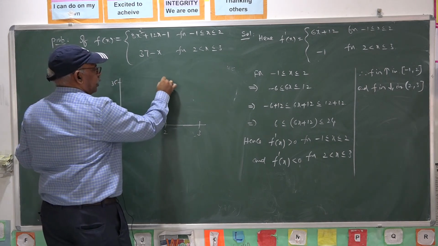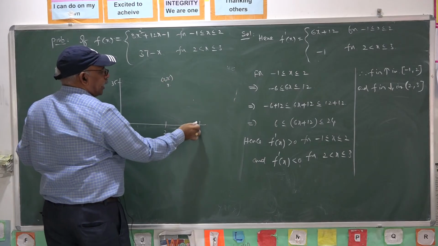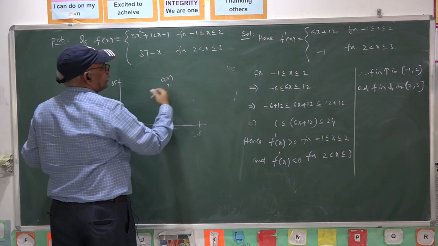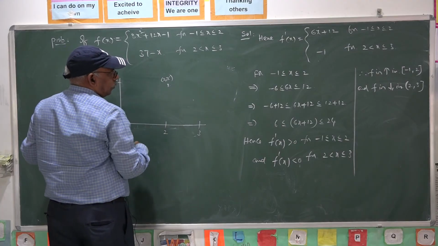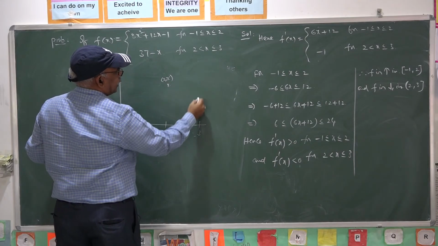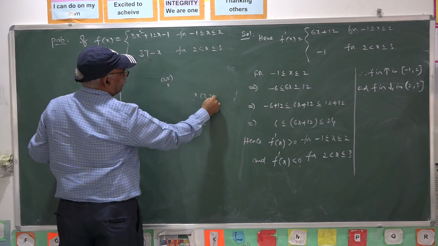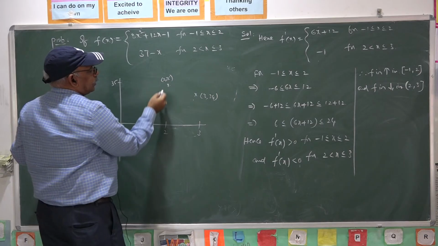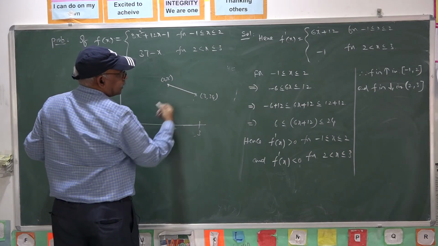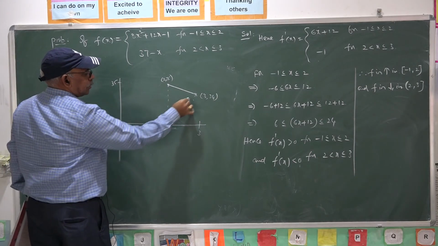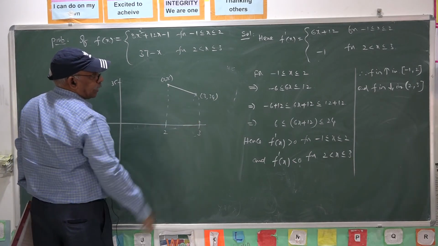This is the point 2 comma 35. At x equal to 3, this is 37 minus 3, 34. For x equal to 3, it comes down to 34. The graph is a straight line in this interval.